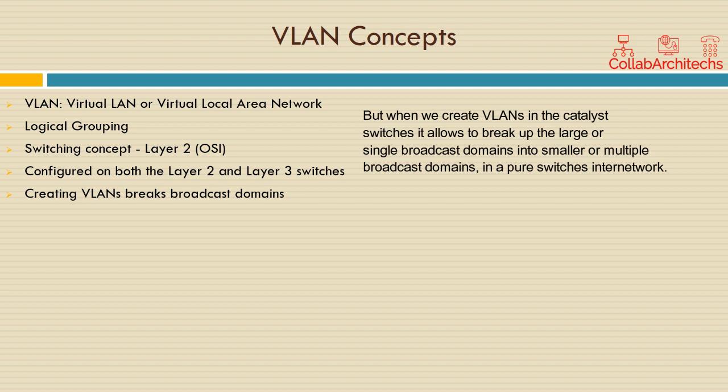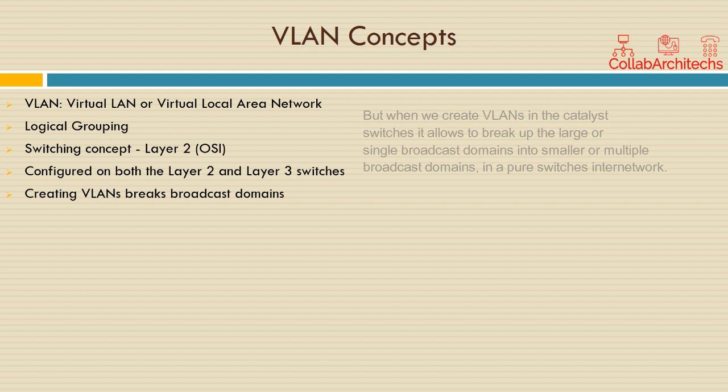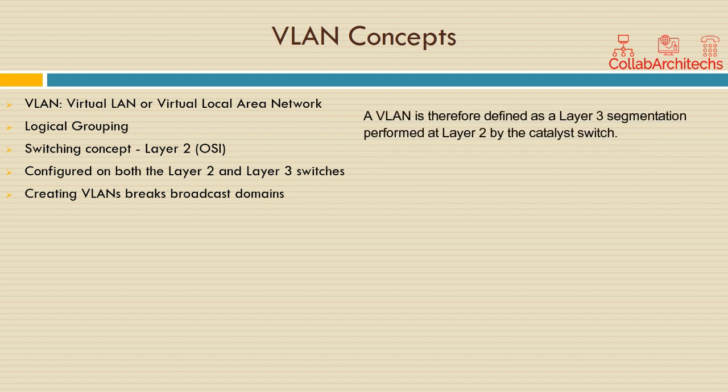But when we create VLANs in the catalyst switches, it allows us to break up a large or single broadcast domain into smaller or multiple broadcast domains in a pure switched internetwork. A VLAN is therefore defined as layer 3 segmentation performed at layer 2 by the catalyst switch.